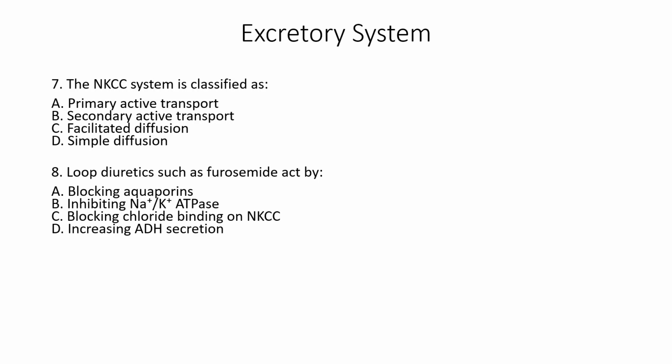And this is what blocks the secondary active transport, in this case NKCC. So it blocks the chloride from binding NKCC, so it doesn't allow the chloride to move through. So what will happen there? If this loop diuretic binds to the chloride site on this NKCC channel or transporter or symporter, right?